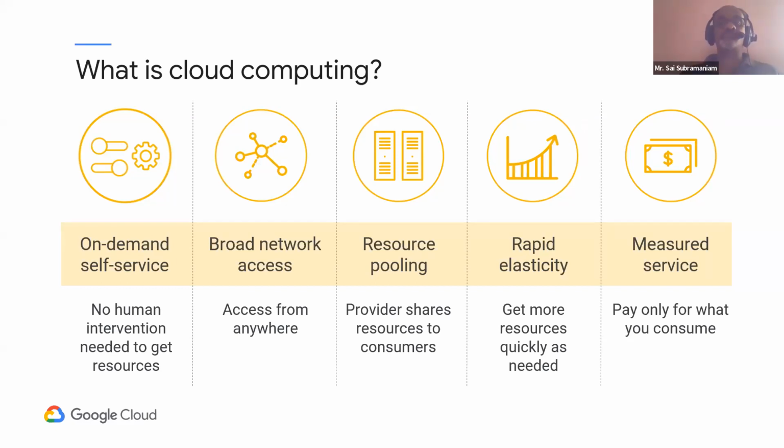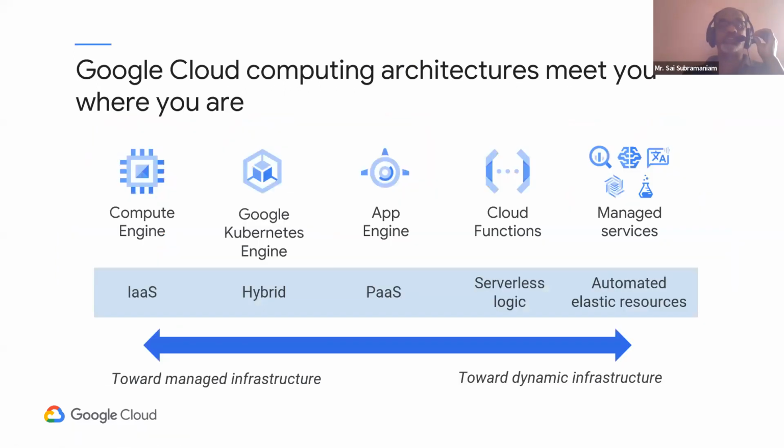Hope you understood the basic idea of what cloud computing is. Let me move towards the important architecture that the Google Cloud Platform has. Why? Because whenever we say a virtual machine, it is nothing but you are going to rent a machine in the Google Cloud Platform, and you should know what are the available architectures through which you can create your own virtual machine.